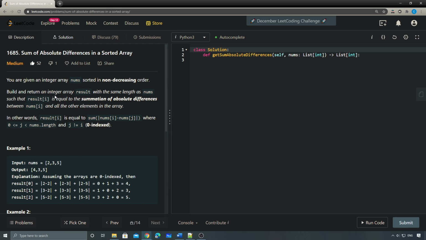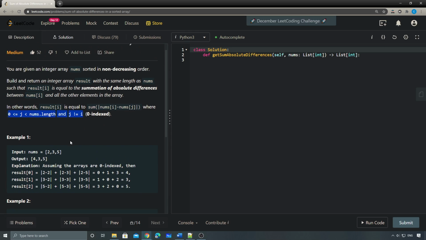And you need to build a new array whose result[i] is equal to the summation of absolute differences between nums[i] and all the other elements in the array. In other words, you do a sum where you take an absolute difference with all the other elements.